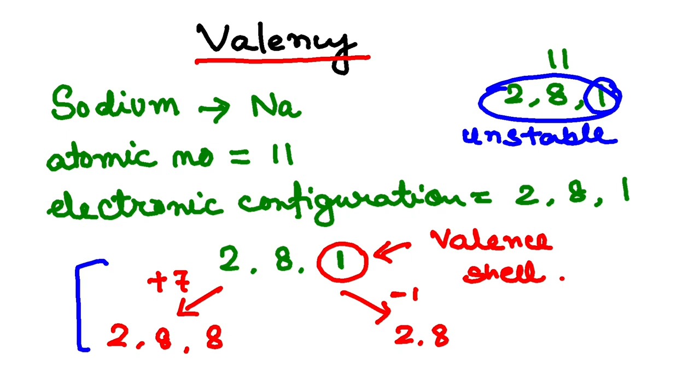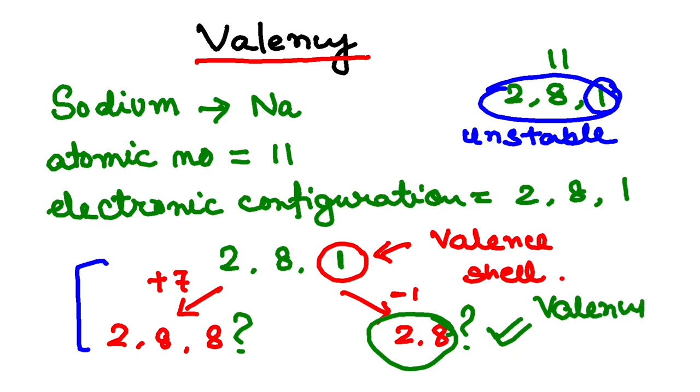Now my question is, sodium is going to do this one or this one? Which is easier energy wise? To accept 7 from somebody or to release an electron? Obviously this is easier, isn't it? So sodium is going to do this, and that is why how many electrons will it lose? 1. That is why the valency of sodium is 1.